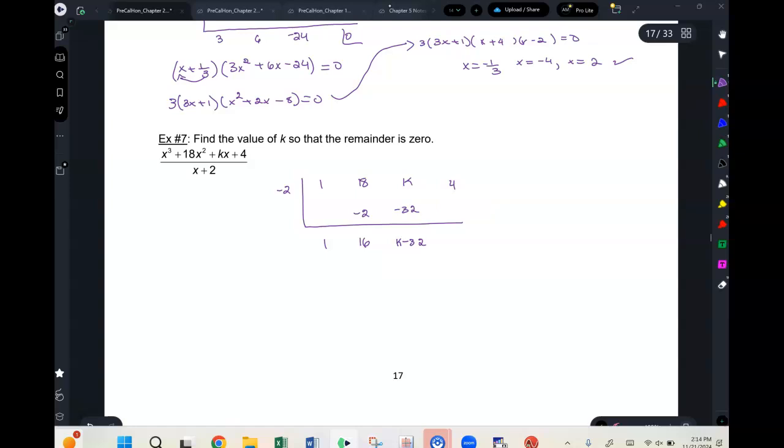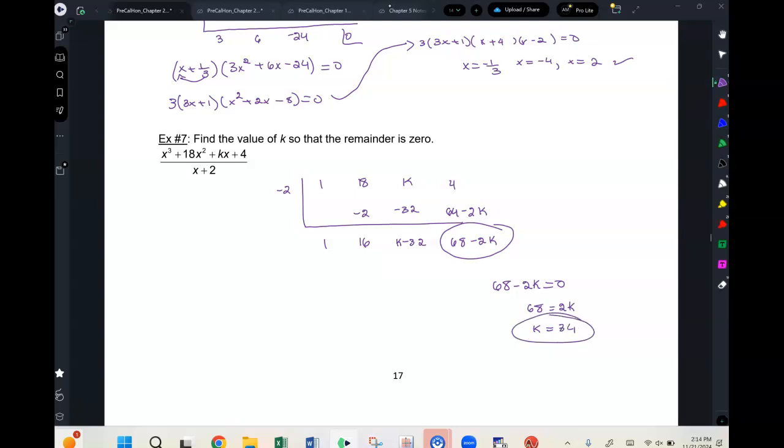And then there are lots of ways to do it, but this will be 64 minus 2k, right? So for this to be 0, what would this have to equal? Equals negative 4. Okay, so let's just add them. 68 minus 2k, right? So then 68 minus 2k would have to be 0. So k is 34. And there you have it.